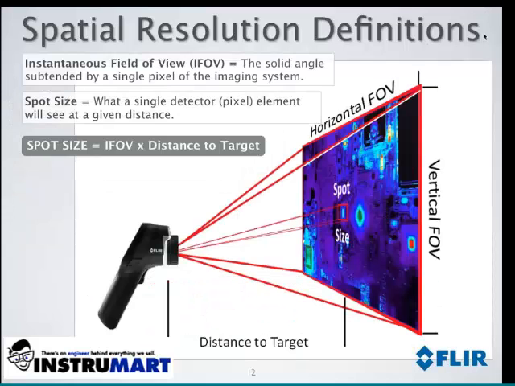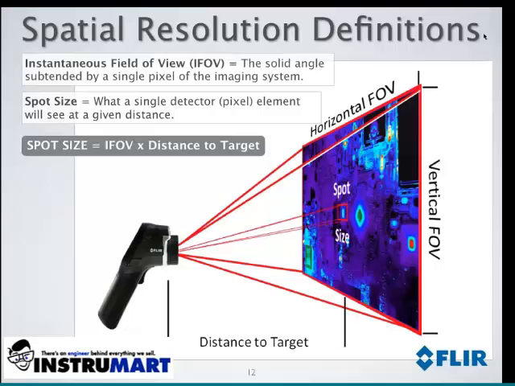Some additional spatial resolution terms are instantaneous field of view. The instantaneous field of view, or IFOV, is the solid angle that is subtended by a single pixel. And sometimes you hear us talk about degrees and millimeters on focal lengths. The IFOV is described as milliradians.